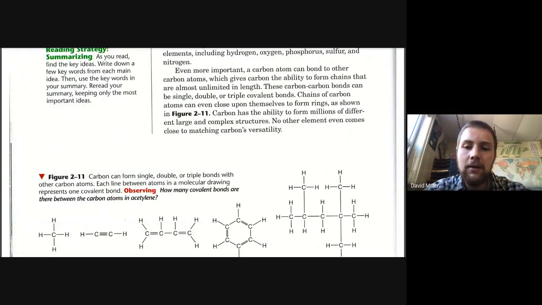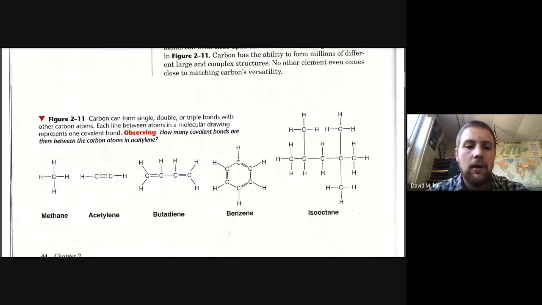Carbon has the ability to form millions of different large and complex structures. No other element even comes close to matching carbon's versatility. Figure 2.11. Carbon can form single, double, or triple bonds with other carbon atoms. Each line between atoms in a molecular drawing represents one covalent bond.